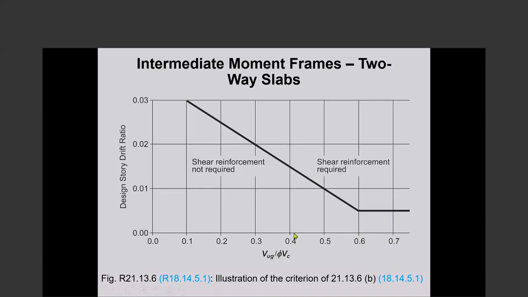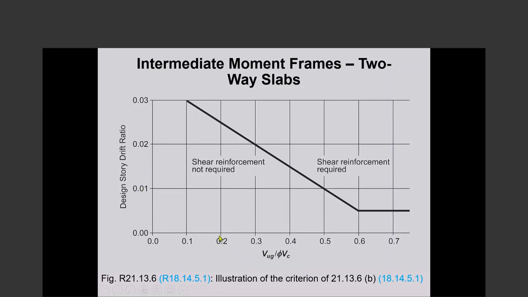Now, if punching shear caused by gravity is 40% of what concrete can carry, then if your building has a design story drift ratio of up to 1.5%, you don't have to worry about punching shear reinforcement. But if your design story drift ratio is above that, so 0.5 up to 1.5% story drift, no problem. But beyond that, you provide punching shear reinforcement.